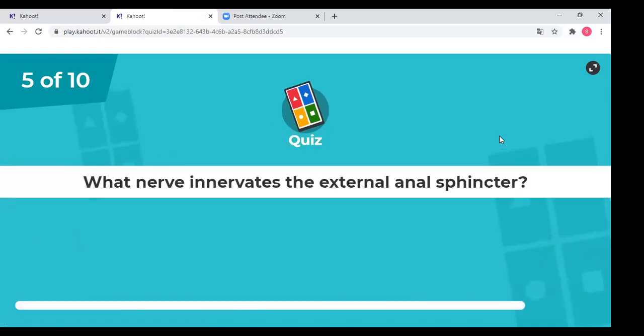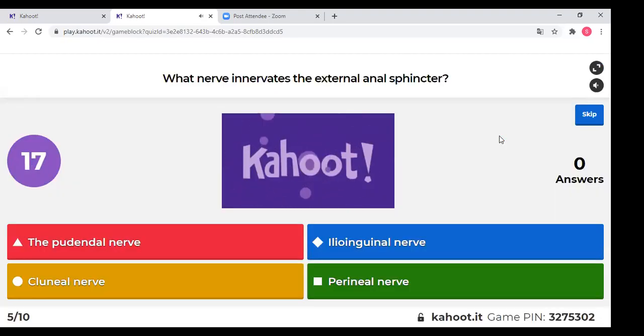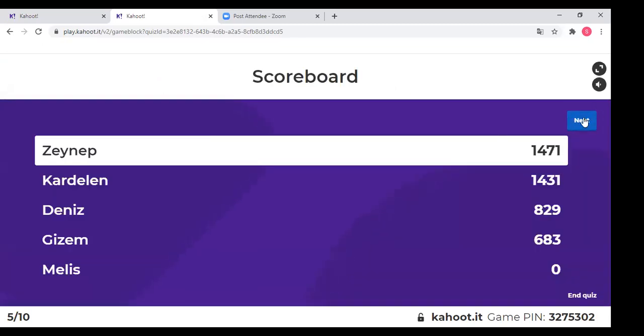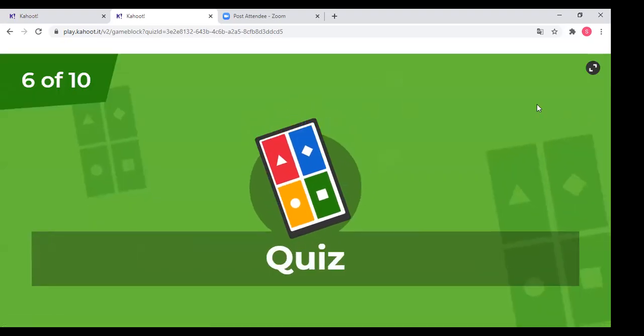What nerve innervates the external anal sphincter? The pudendal nerve, ileocecal nerve, coccygeal nerve, and perineal nerve. Yeah, the true answer is the pudendal nerve. Okay.